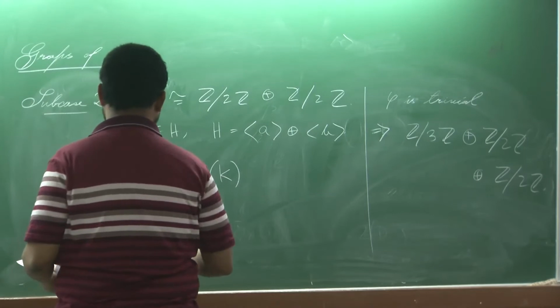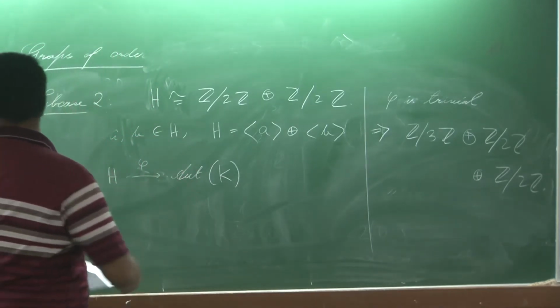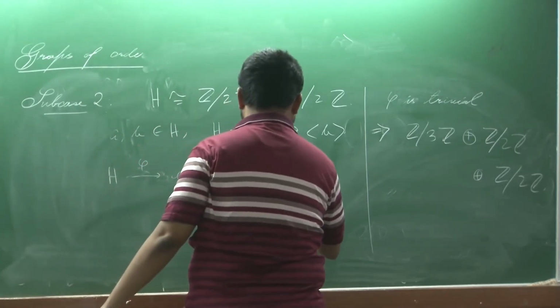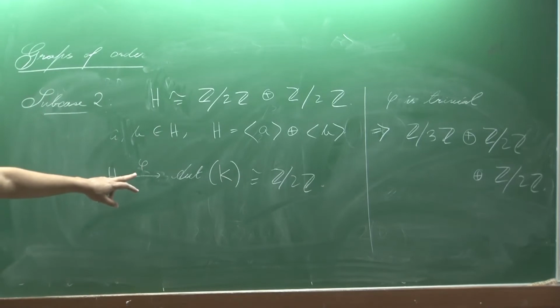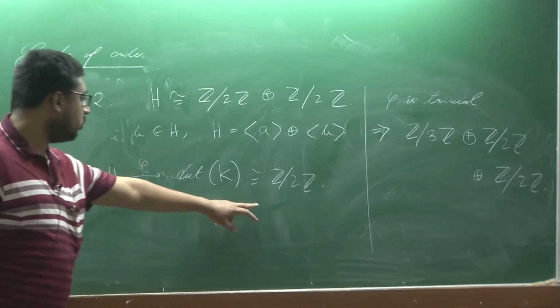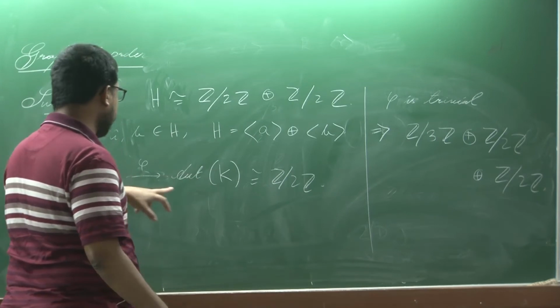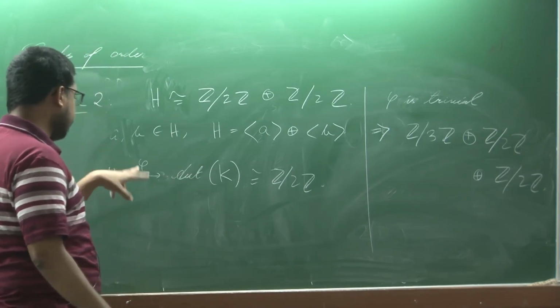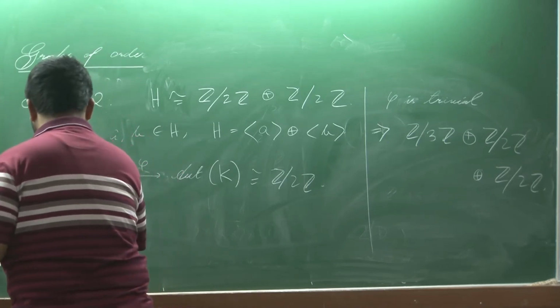And if phi is non-trivial, then the image is isomorphic to Z modulo 2Z. So if phi is non-trivial, what is going to be the order of the kernel of phi? The order of the kernel of phi has to be 2. I repeat, whatever phi we consider, the kernel of phi is going to have order 2.